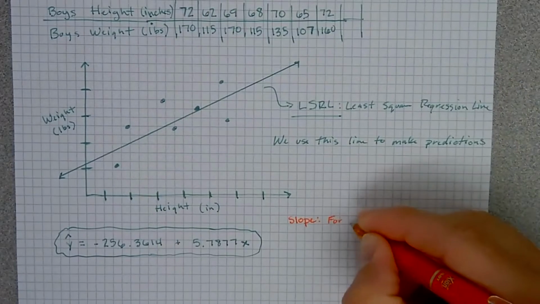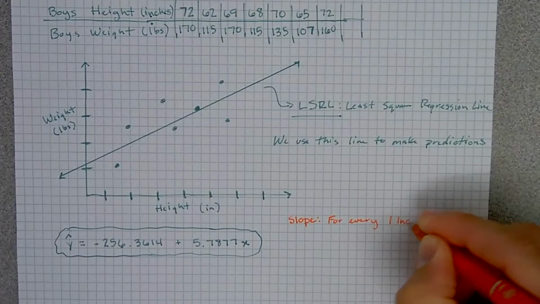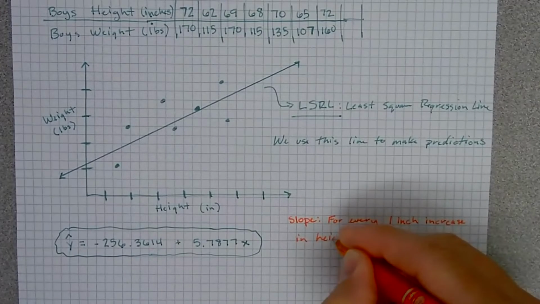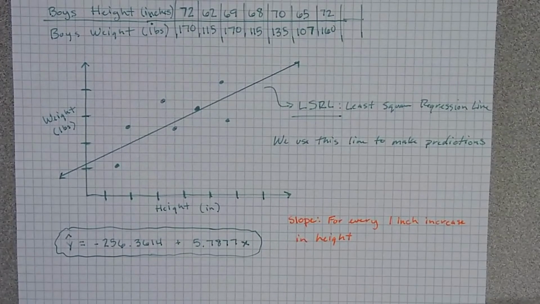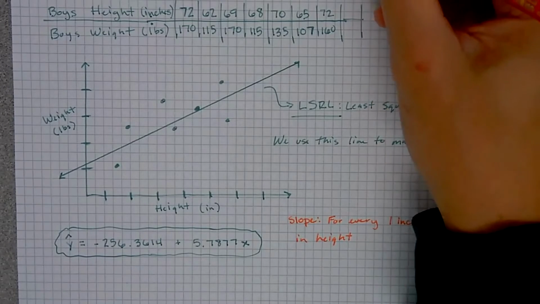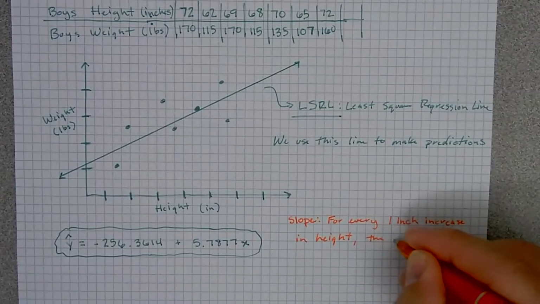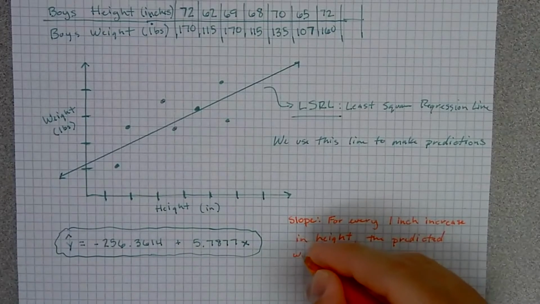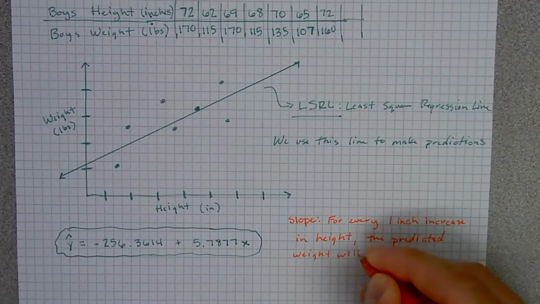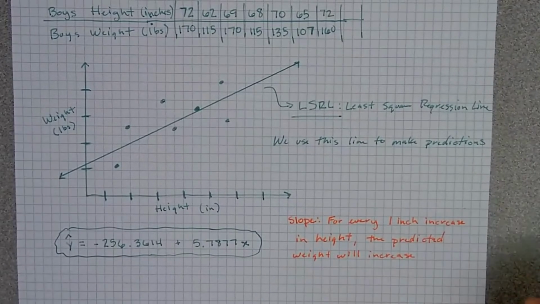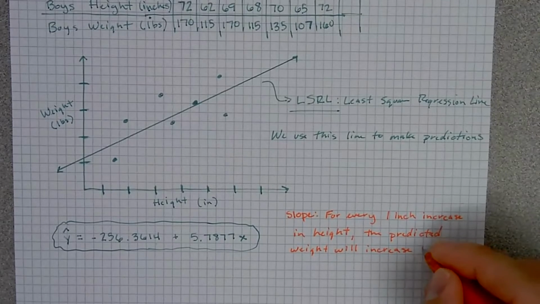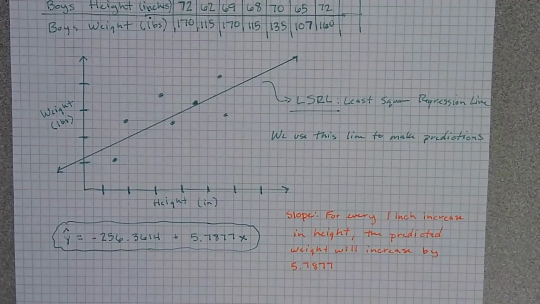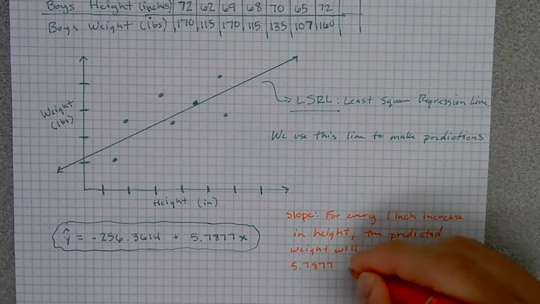So we say for every 1 inch increase in height, the predicted y variable, in this case weight, will increase because the slope is positive, by our slope, 5.7877 units, which is pounds.